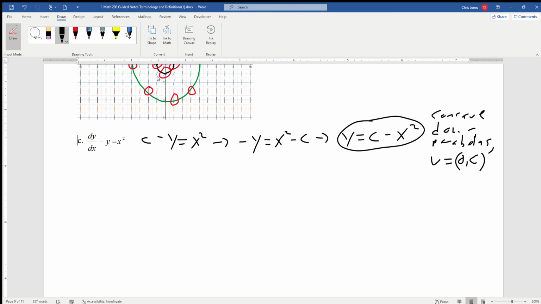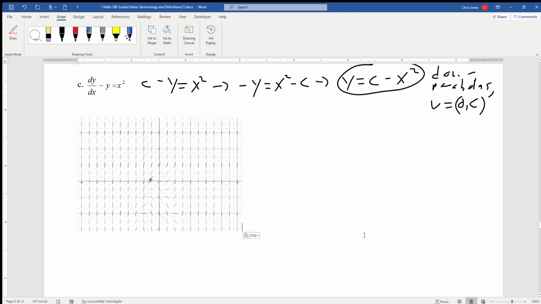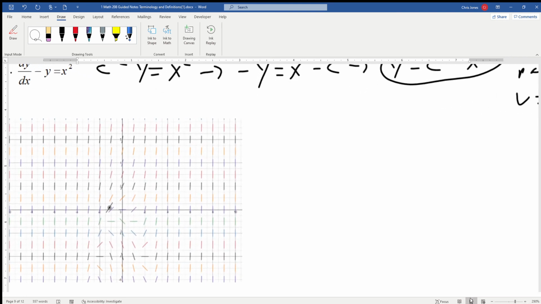So finally, what we're going to do is plot this on the slope field. Let me just go ahead and incorporate this. Let's plot a few of these concave down parabolas just to verify. So that's our slope field. Again, I'm going to zoom in just a little bit to get a better picture of this.